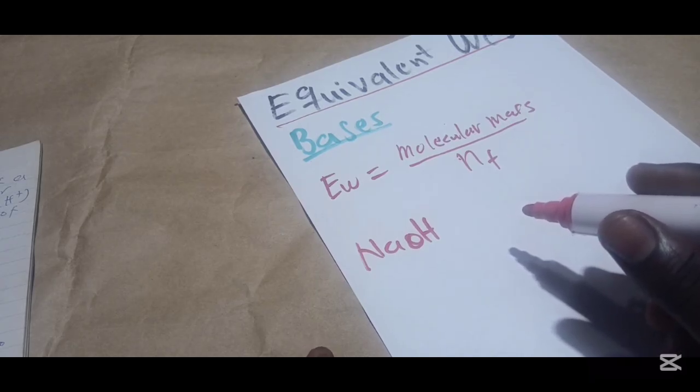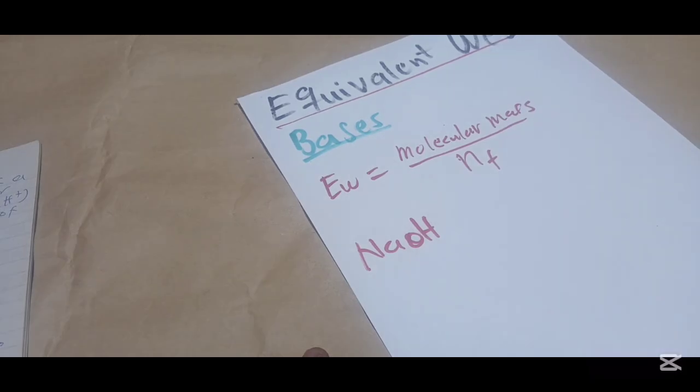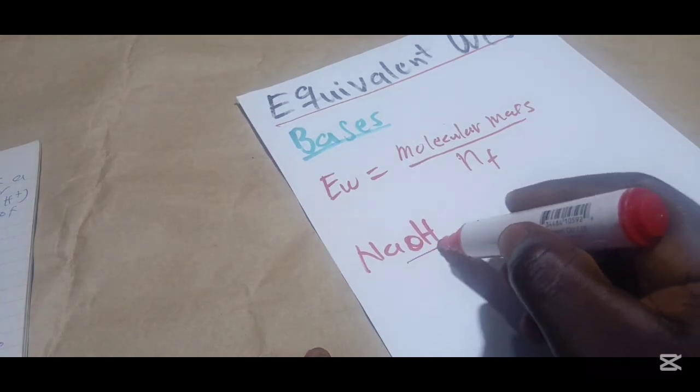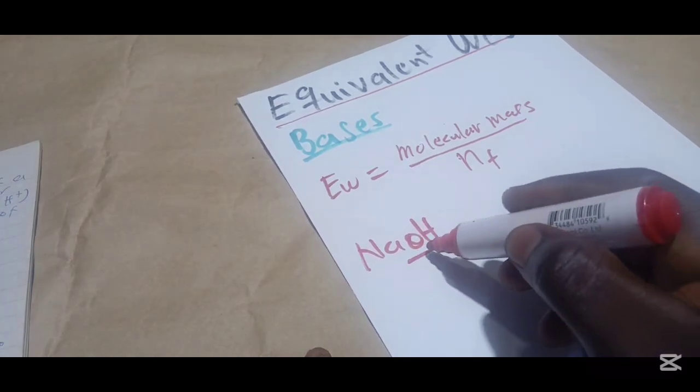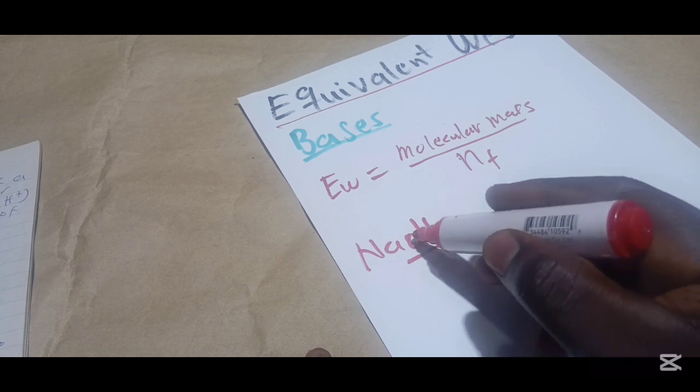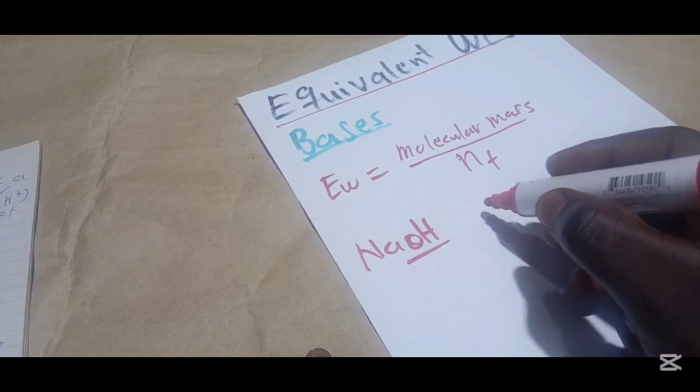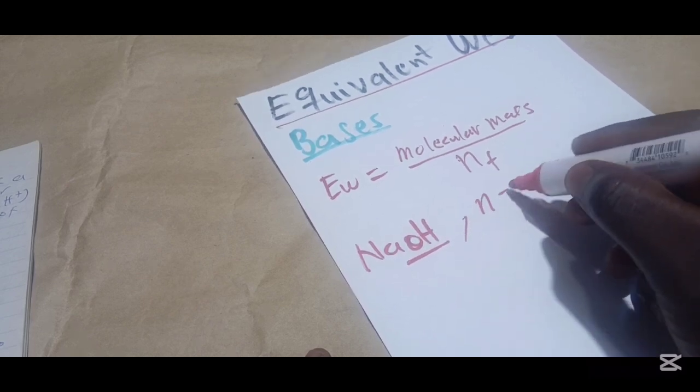Looking at NaOH, let's look at our OH part here. You see that we only have one OH. So this tells us that our n factor equals 1.